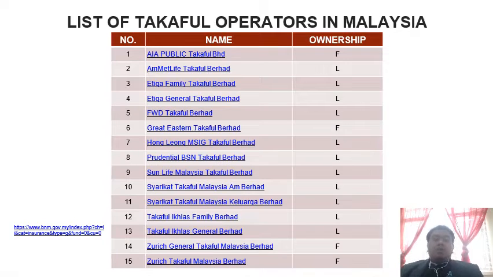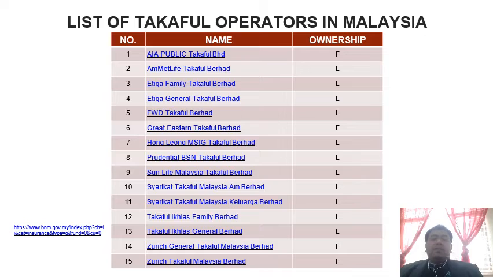Okay, so we have quite a number of Takaful operators in Malaysia, locally owned and foreign owned. We have companies who also have insurance, for example AIA, MetLife, Etika, Great Eastern, and Prudential also have insurance, but they have Takaful too.